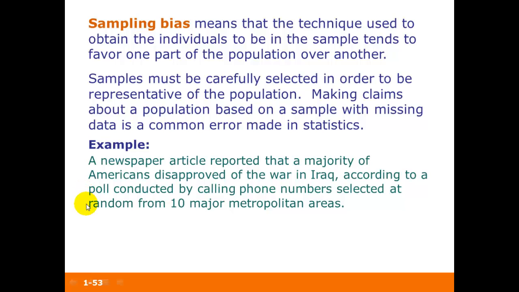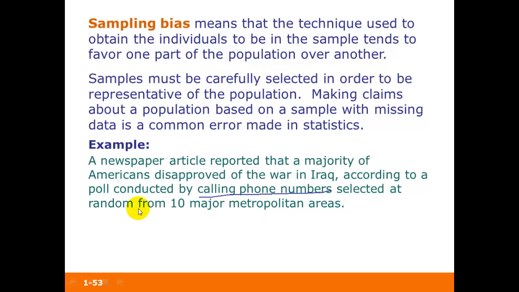The sampling bias in this example, there are actually at least 2 different things that we could talk about. One was this was done by calling phone numbers. That means that someone who didn't have a phone or whose phone number maybe was unlisted would have been left out.